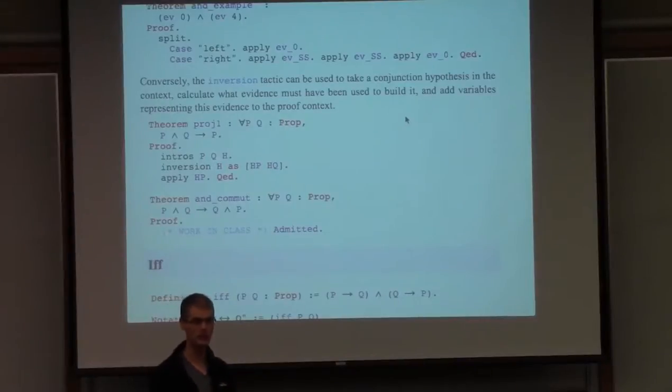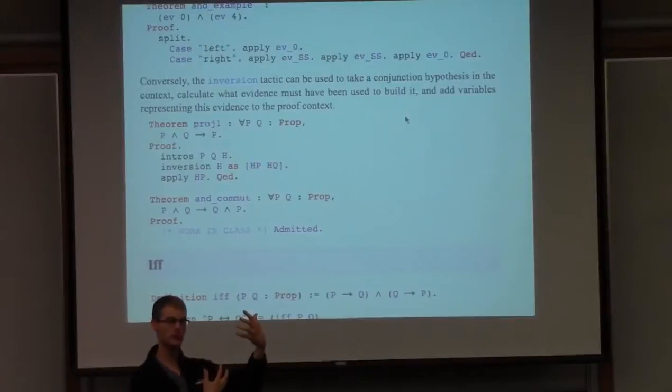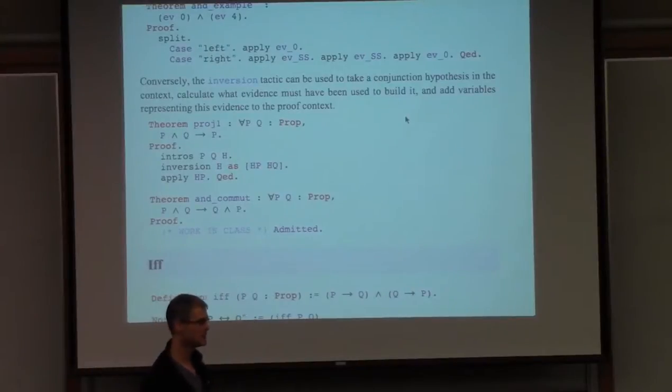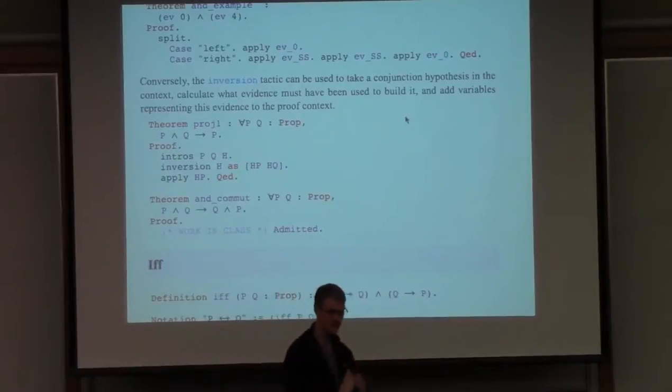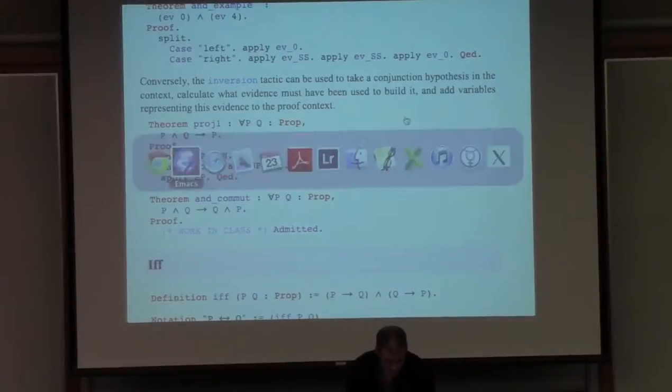That's exactly what we need here. So you say inversion and it gets pulled apart into separate hypotheses for the evidence that must have gone into building the evidence of P and Q. So let's actually do this little proof.